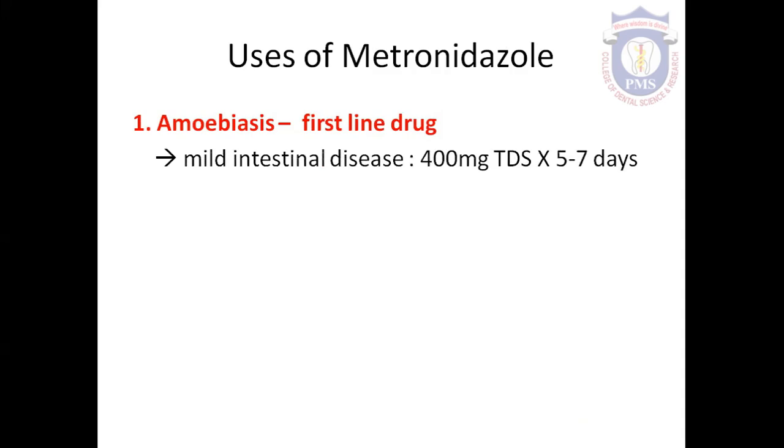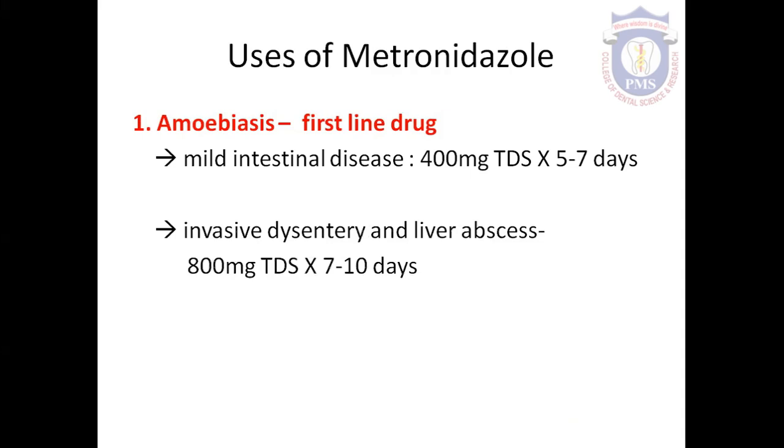There are several dosages which are given, and common recommended doses are: in mild intestinal disease, the dose is 400 milligram 3 times daily for 5 to 7 days.